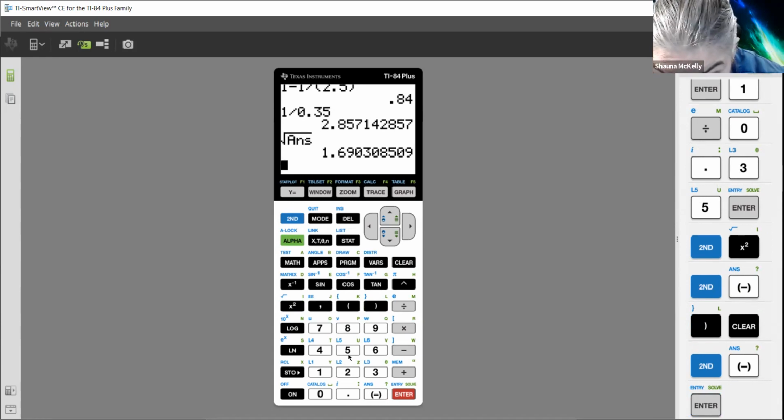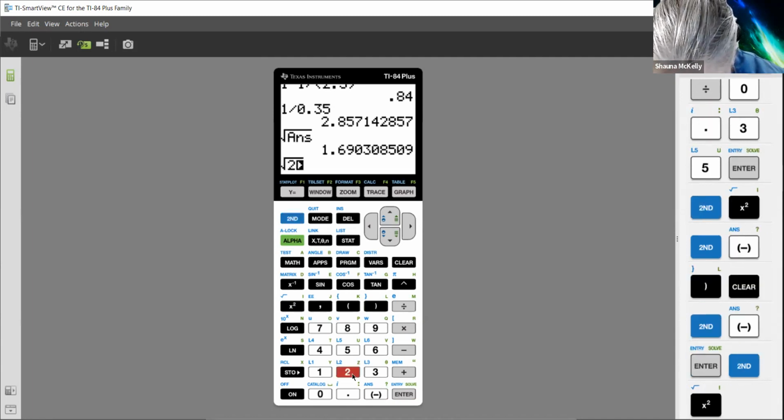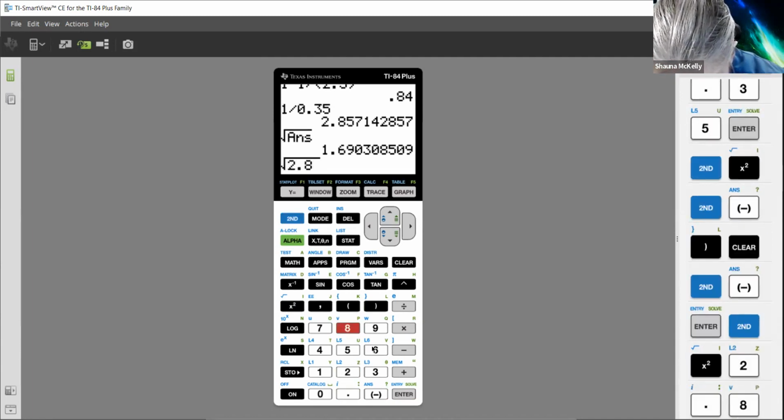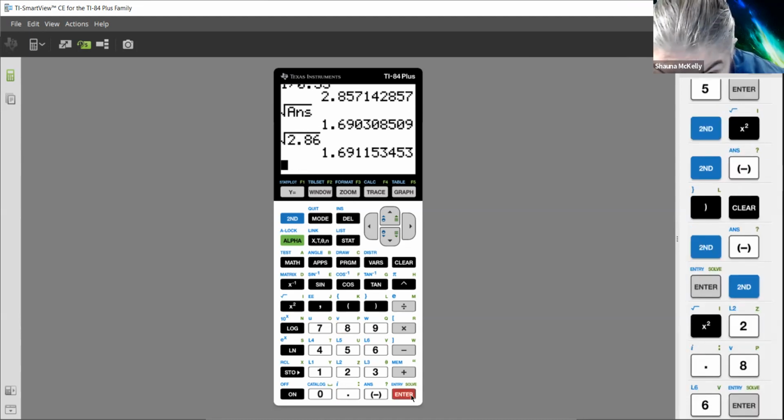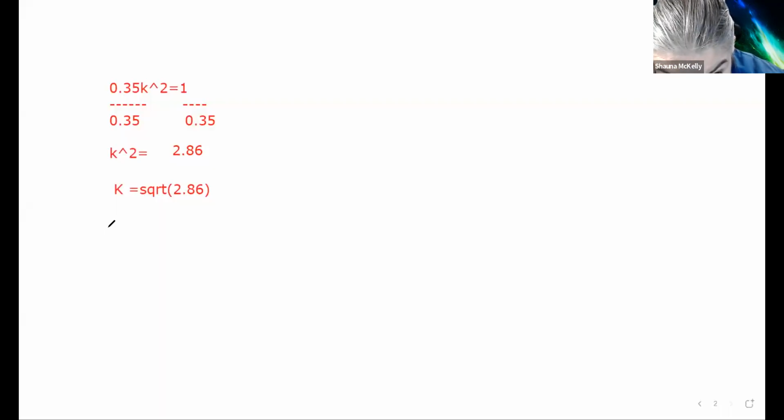If I use 2.86, then I get roughly the same. Sometimes it's a little different. But my point here is that if you're 1.69 standard deviations away from the mean, K here would be 1.69.